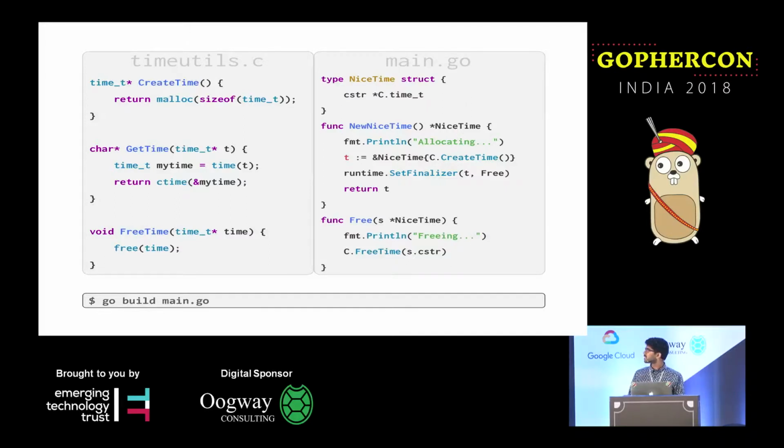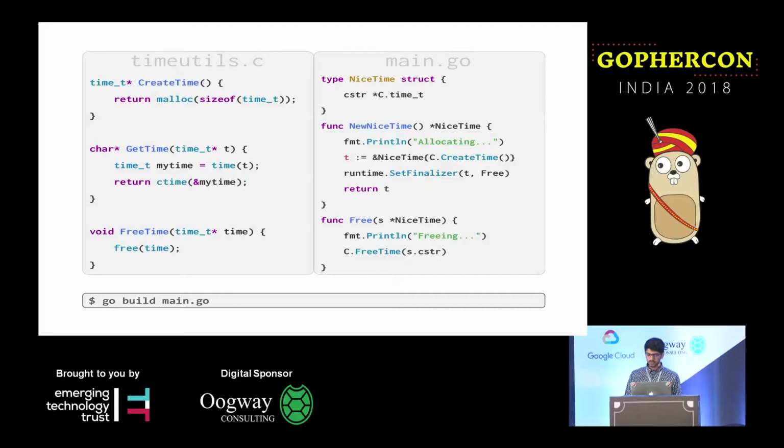How we wrap that on the Go side is by creating a struct with that data type, C.time_t. So we create a Go struct with that. Then, according to Go conventions, we create a NewNiceTime function.